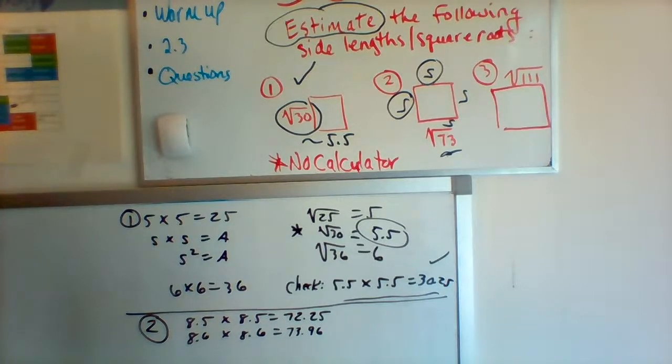I want to hear what you think. Okay, Ivan thinks that this one is better. Why? Let's talk about which one of these is a better estimate. And then let's also talk about, do we want to just limit ourselves to the 8.5 and the 8.6, or do we want to try a third option?